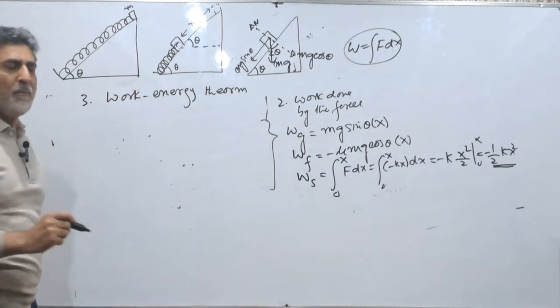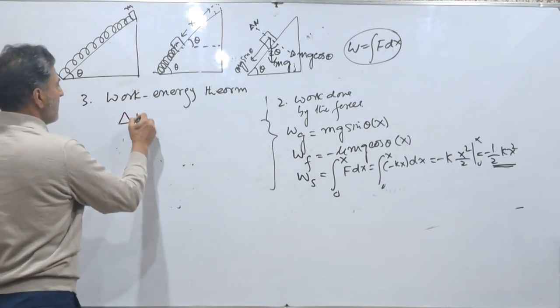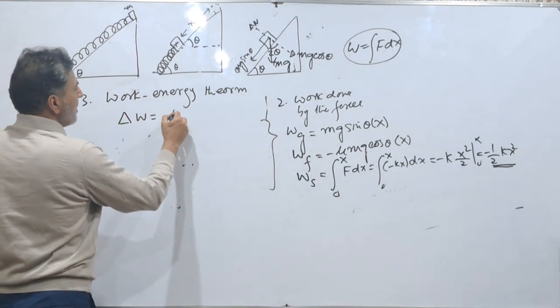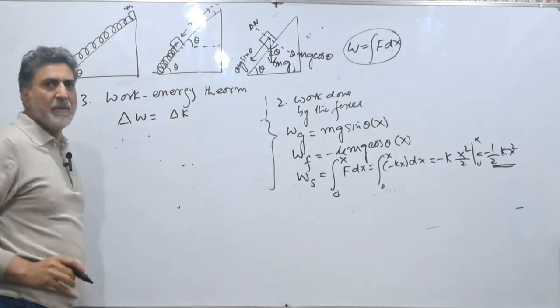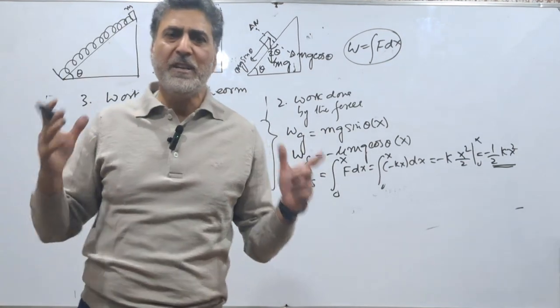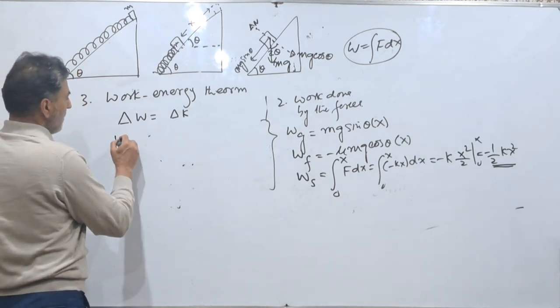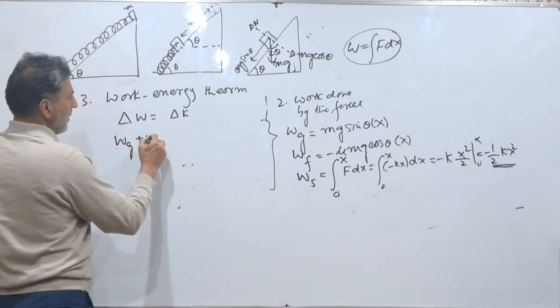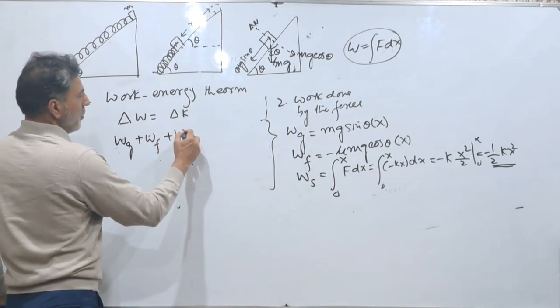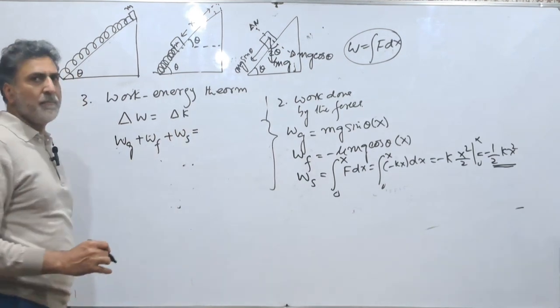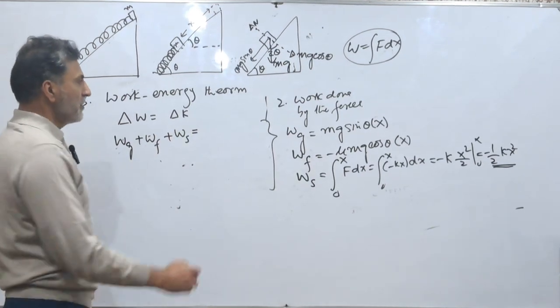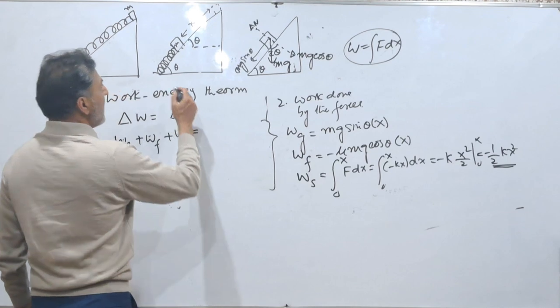What is the work energy theorem? Work done by all the forces is equal to the change in kinetic energy. What is the work done by all the forces? That is W_g plus W_f plus W_s, equal to the change in kinetic energy.